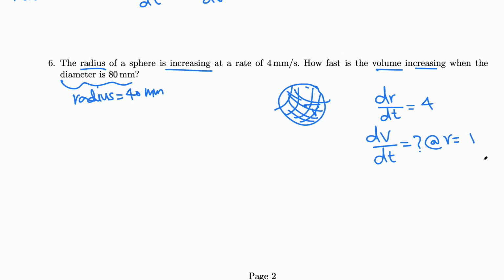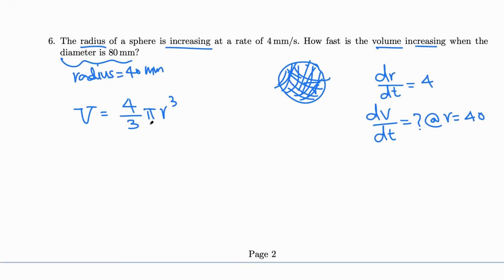Now we need to write down the relationship between volume and this radius. So what is volume of a sphere? Formula. So volume is given by 4/3 pi r cubed. 4/3 and pi are constants, so collectively constant. Now let's find the derivative of both sides with respect to time t.